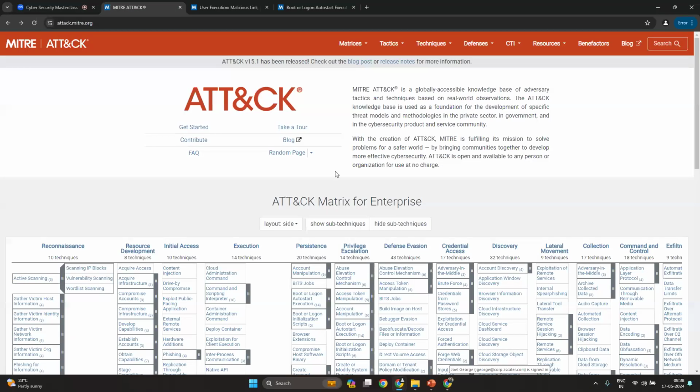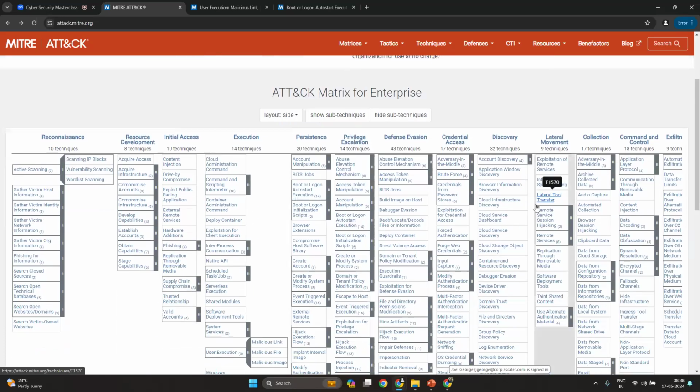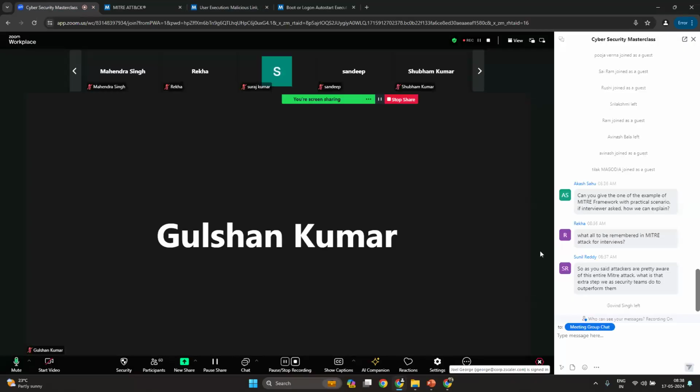How would a detection engineering team understand what kind of detections to create for the organization? Somebody asked a question about attackers being pretty aware, how security teams outperform them, and what to remember.